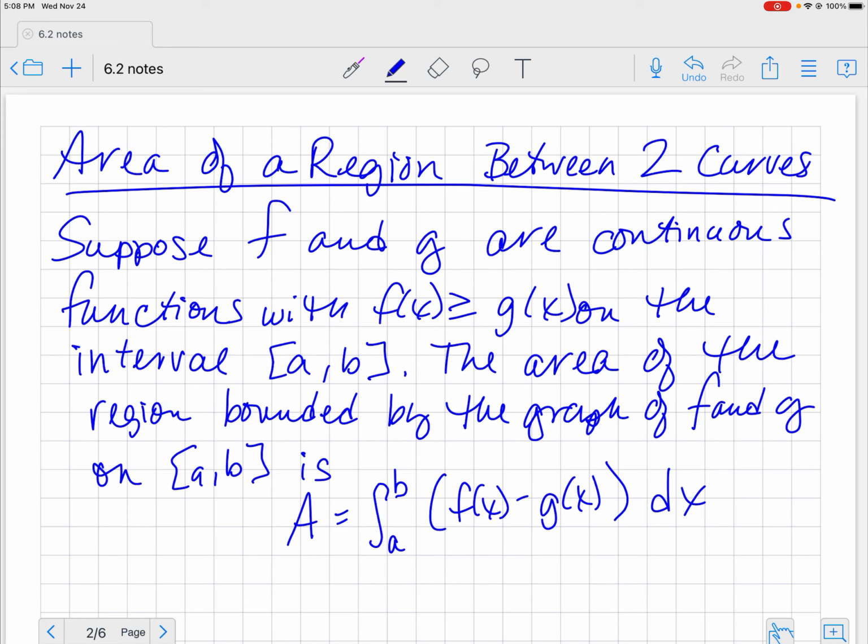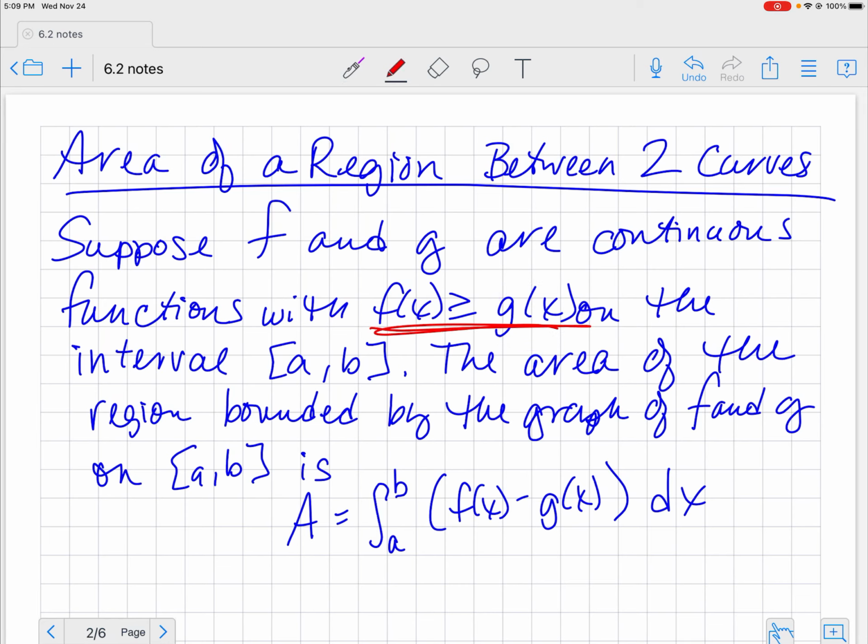All right, let's talk about this for a minute. First of all, notice that this f function here is greater than or equal to g of x. So f of x, my output for this f function, is higher or greater than my g of x function. So that is something to pay attention to there.